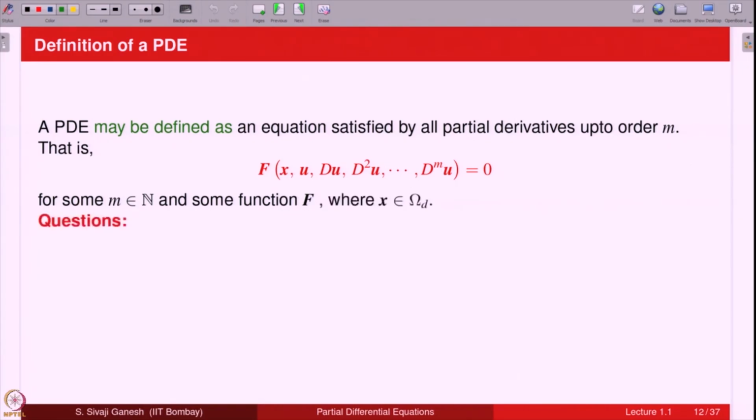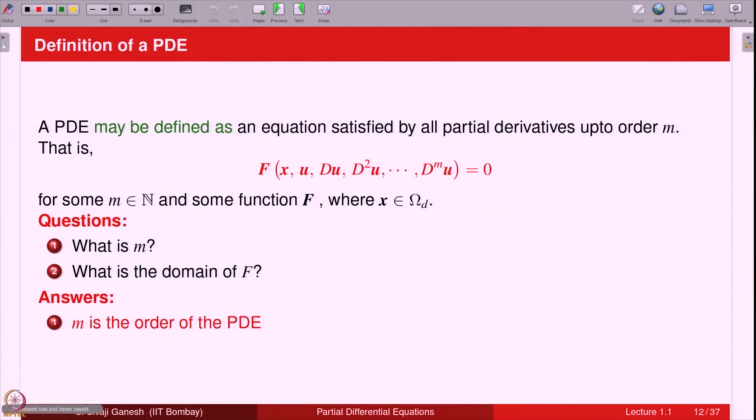Now, where x is in Omega. Questions: what is m? What is the domain of F? So, m is the order of the PDE. This is how we plan to define. If you have a PDE which involves only first order, you can also think I can write this equation with m equal to 2, but such a thing should not be allowed.